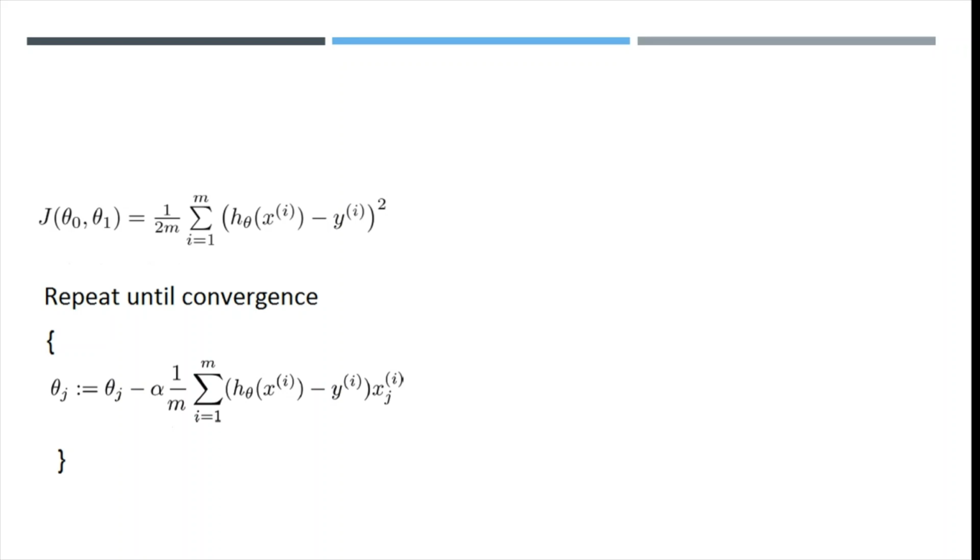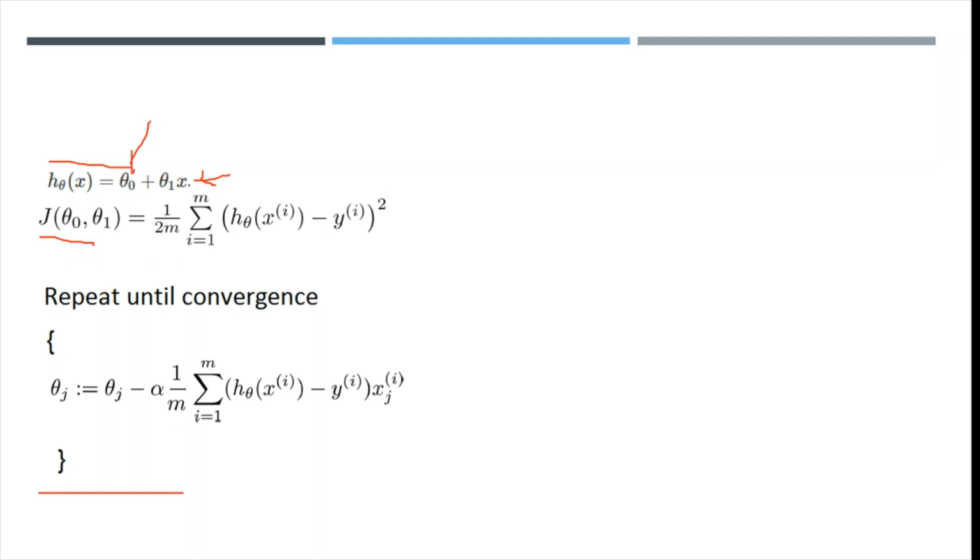Okay, just a little recap. This is our cost function J of theta, this is our gradient descent algorithm, and this is our hypothesis. The main goal is to find this hypothesis so that we can predict the value of y. In order to find this hypothesis, we need theta, and we need to choose that theta wisely.